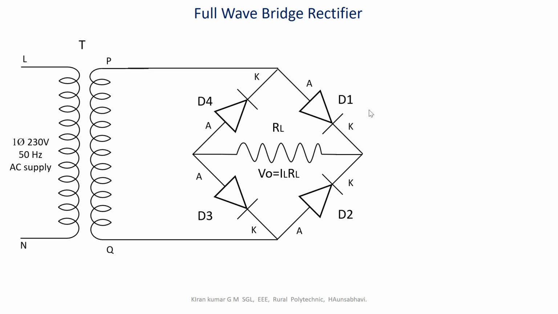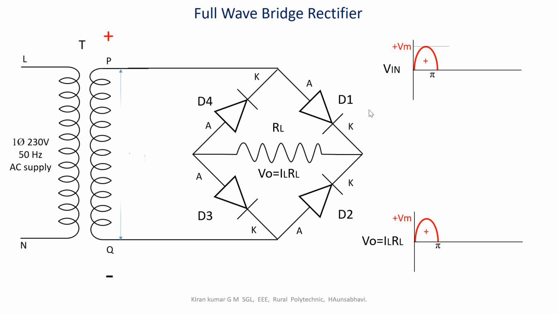Now, the input and output variations of this circuit are plotted in these 2 axes here. During the first half cycle of the input from 0 to pi radians, the terminal P will be positive and Q will be negative.